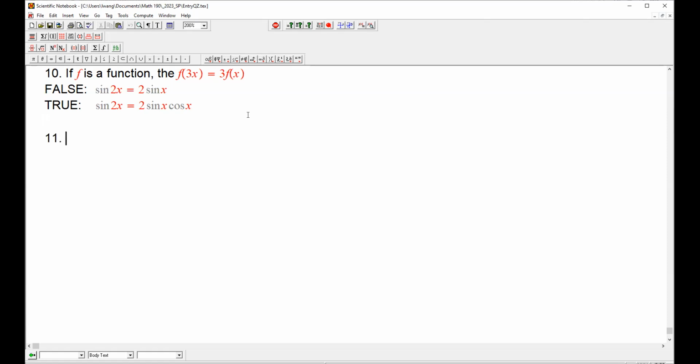Number 11 is a definition of an increasing function.